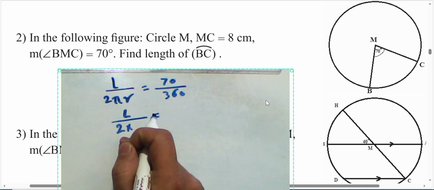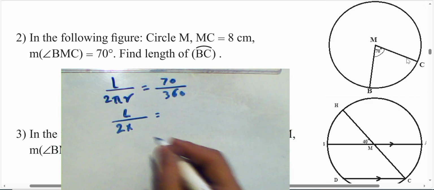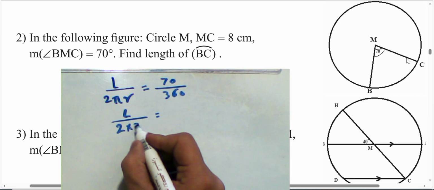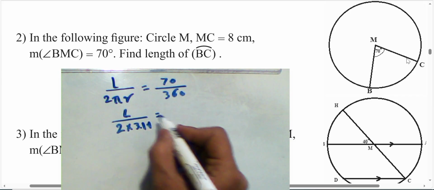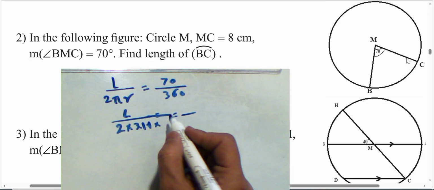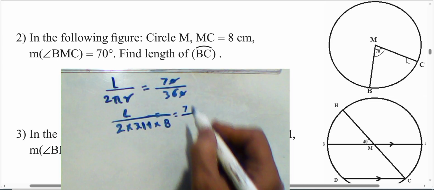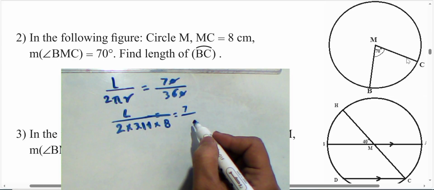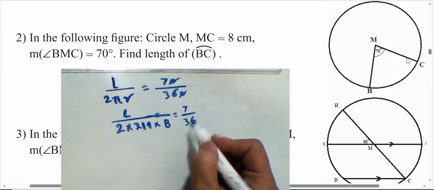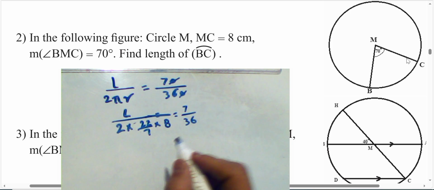Then we can write, look here, MC is the radius. Then we can write 3.14, the pi, times the radius, 8 centimeters. And then we can simplify together here and write 36, or you can write pi equal 22 over 7 as you like.